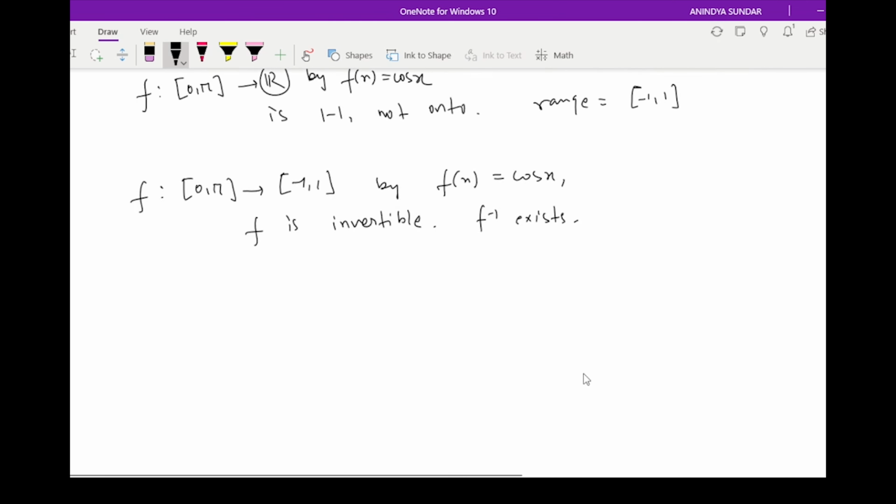So how will f inverse look? F inverse will look like from -1, 1 to 0, pi. And if I say this as g, then g(x) will look like, the notation is cos inverse x.